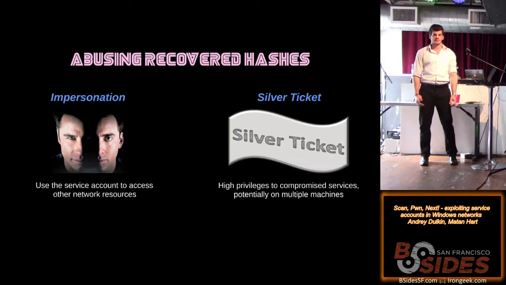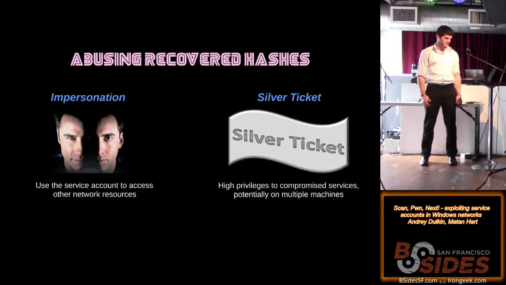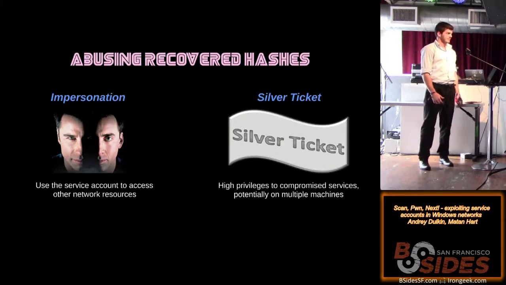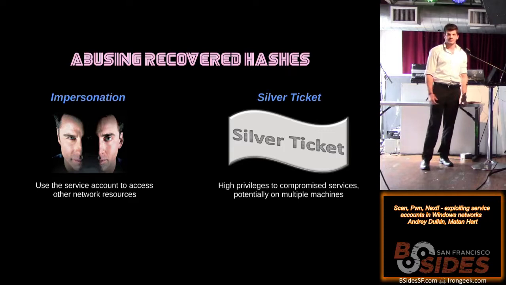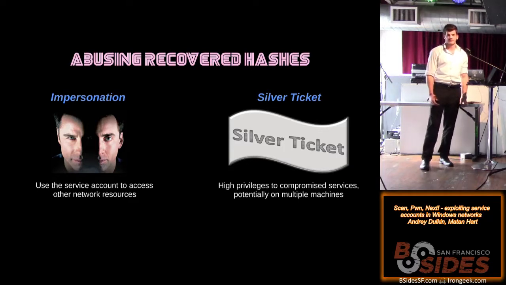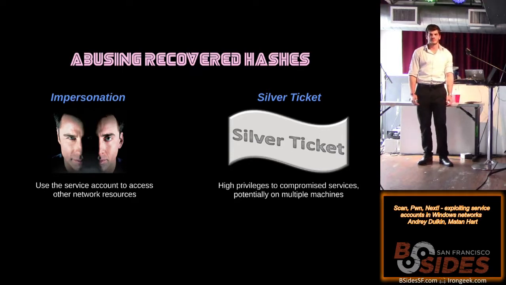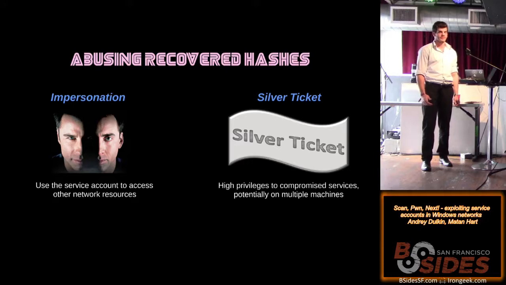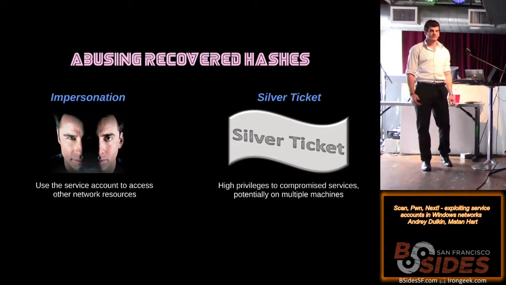And so if we have that secret password, we can craft our own tickets to that service, making it possible for us to gain any sort of privileges to that service and potentially to the whole machine on which that service is running. So this is called the silver ticket, as opposed to the golden ticket, which I'm sure all of you heard about, that grants us operation in the entire network. This is specific to that one service.